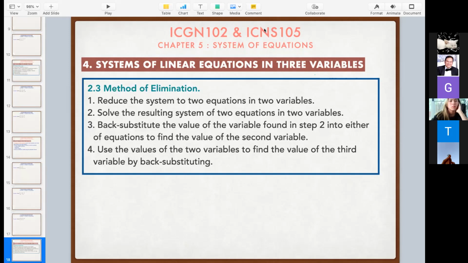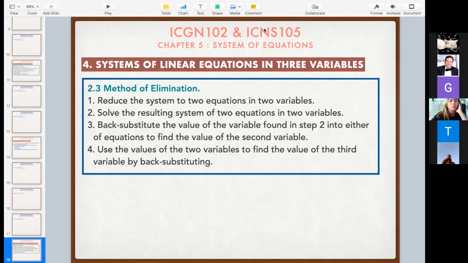How can we reduce it? If you remember, we have the method of elimination for 2 variables before.